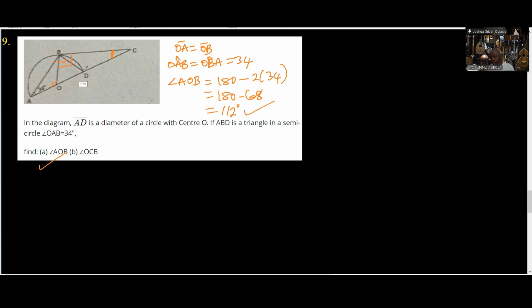Is that clear? Yes, sir. Because that's a tangent there, so there's another 90 here. So if the other place is going to be 90, and we already know 34, then this angle will be 90 minus 34.